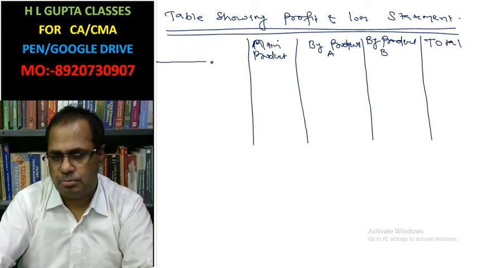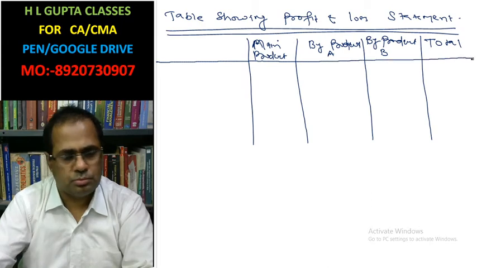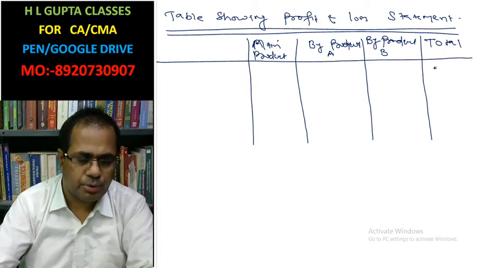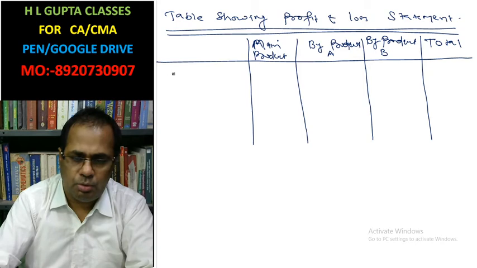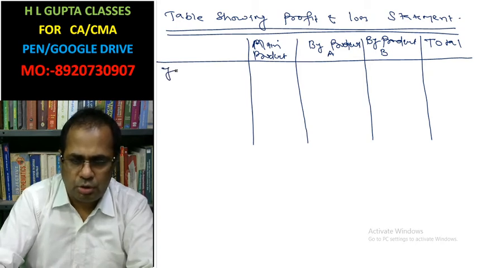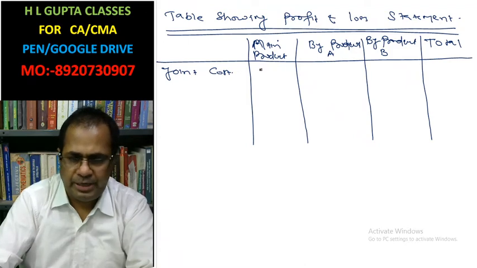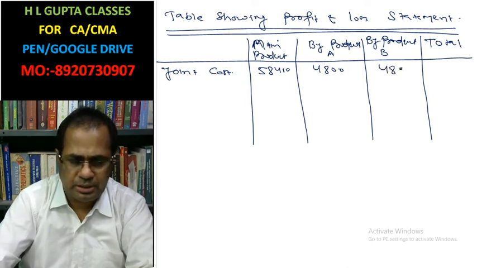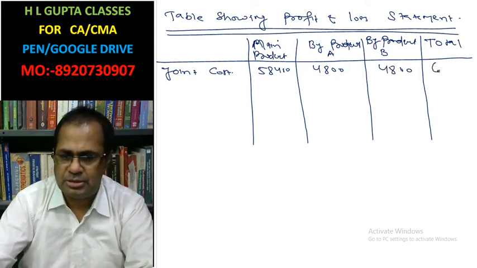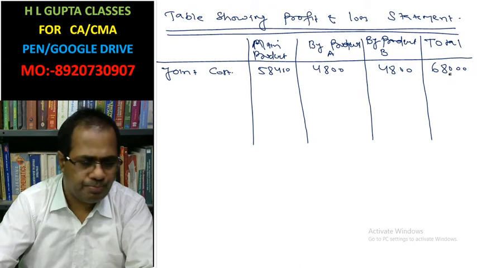Look at it: byproduct A, byproduct B, total. Now look at it. The joint cost we have already calculated: 58,400, 4,800, 4,800. This is your 68,000.